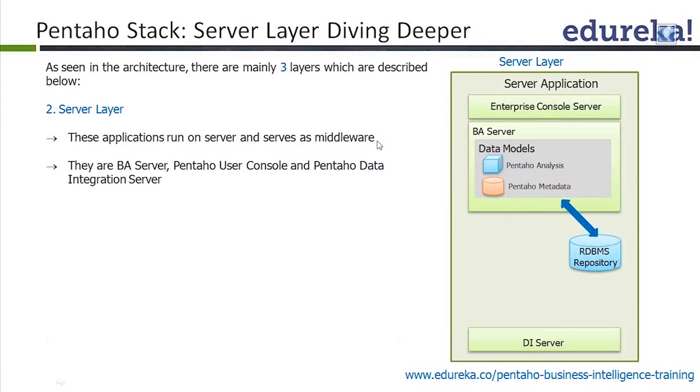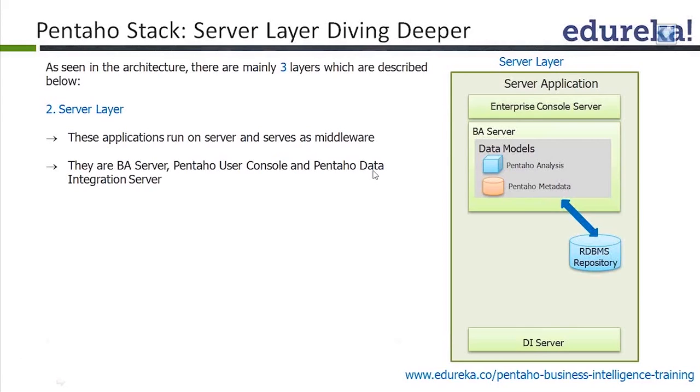User console: if you want to add a new database or configure a new data source connection, that is part of the user console, which is residing on the BA server. Then the data integration server. Some components of the data integration server also reside at the server layer, but it is an altogether different component, though in the server category.